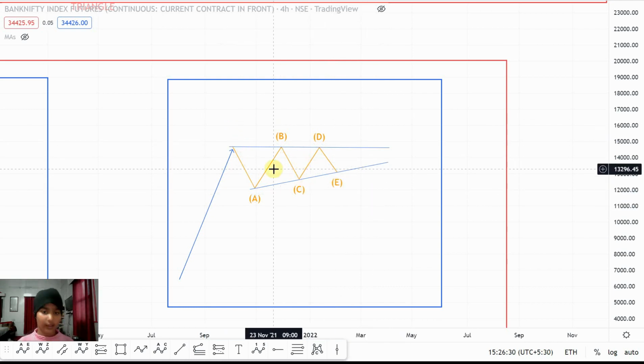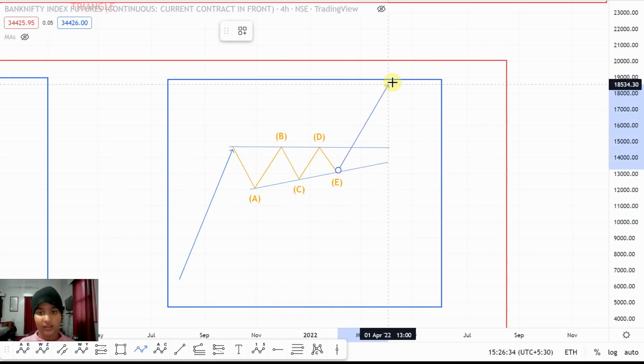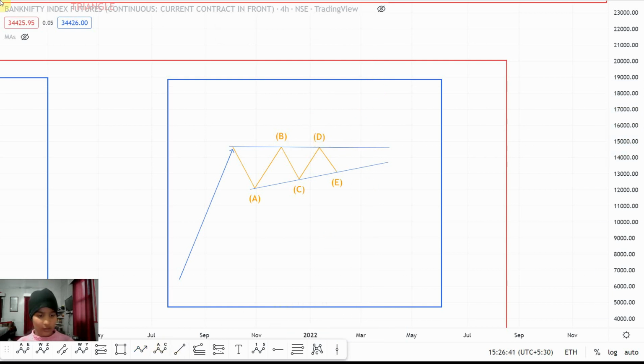So when we get this triangle, the market continues its uptrend.